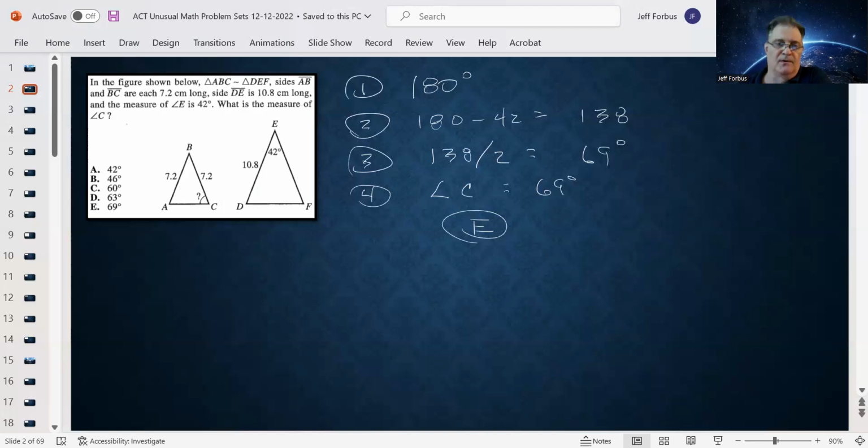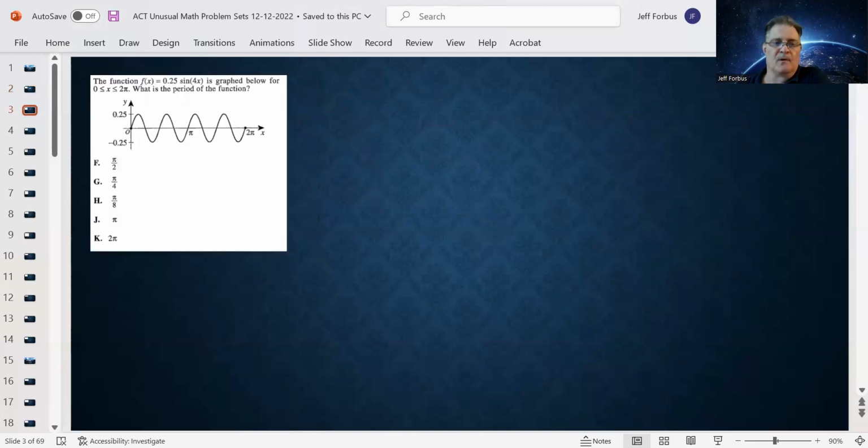All right, let's move on. So now we come across this particular problem, where the question says we're dealing with the sine. It says f of x is equal to 0.25 times the sine of 4x.